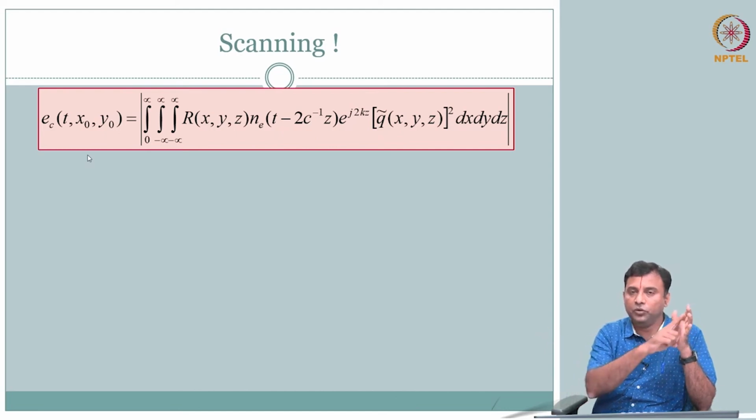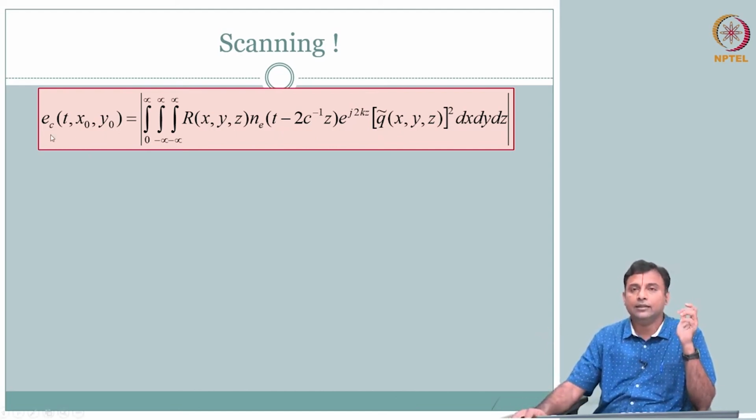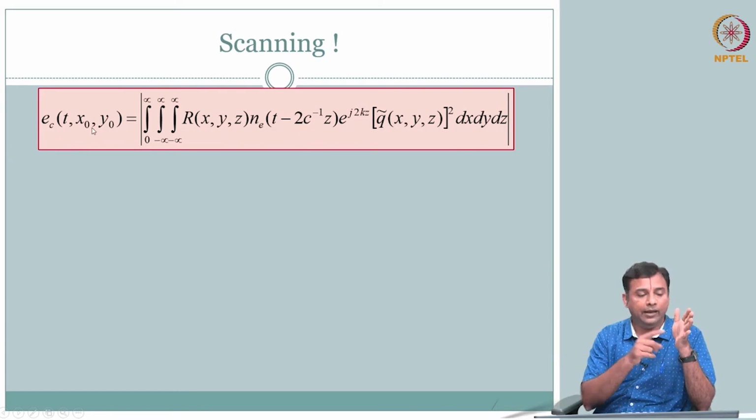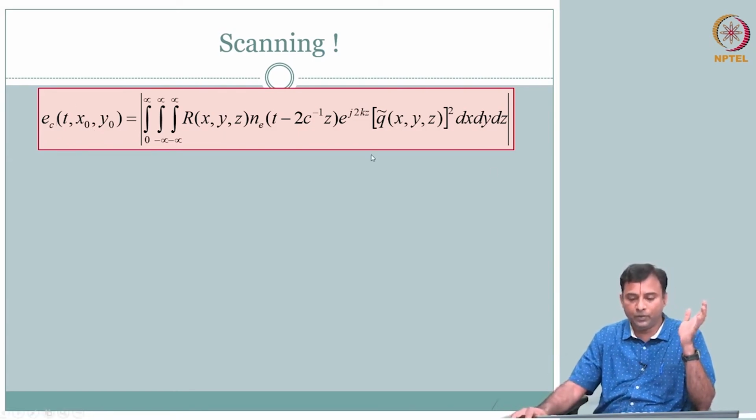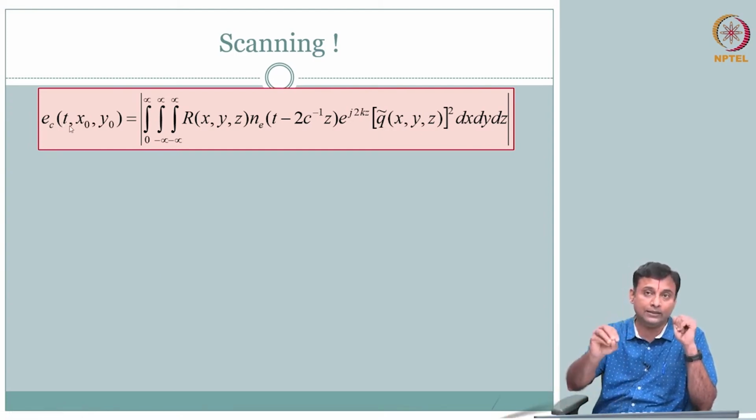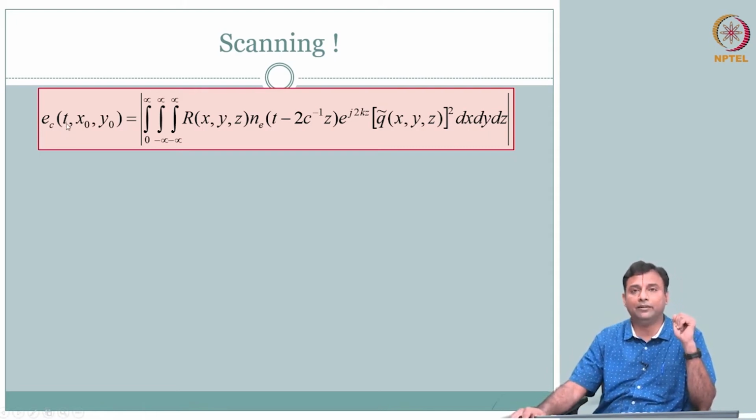So now you have your echo recorded at the transducer surface, which is located at x naught, y naught, and as a function of t. So clearly this is fine, but why t? Is there a relationship between t and position? More so, what is this t? I send the pulse, I receive the echo after some time t. This is what this says.